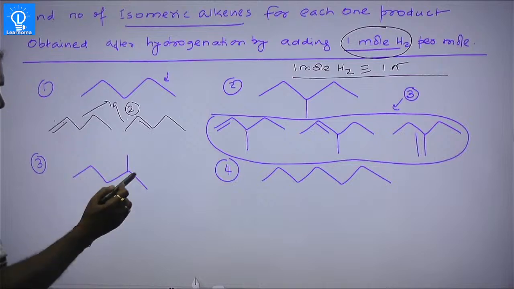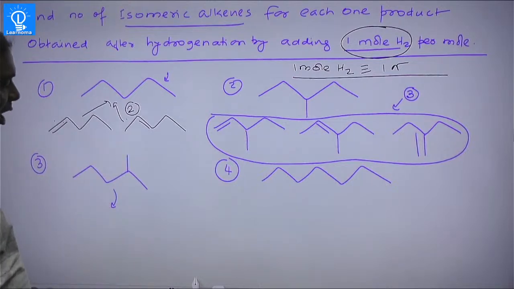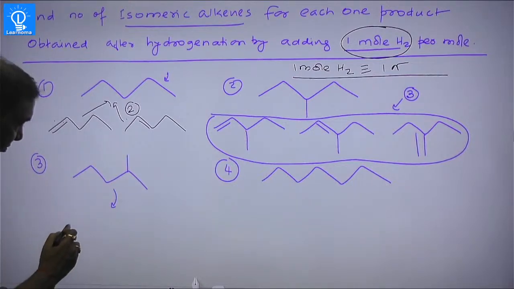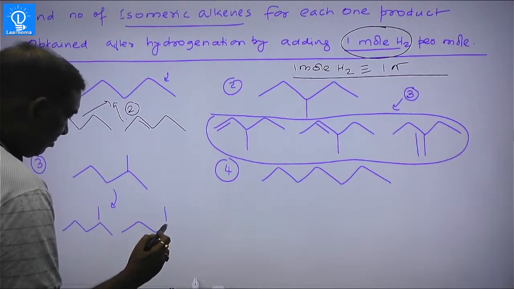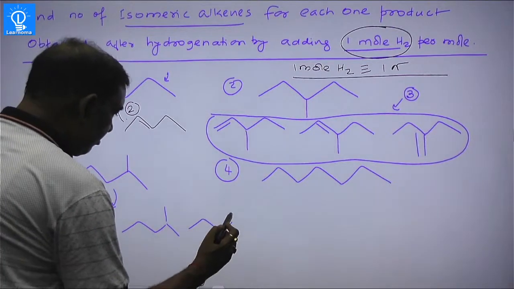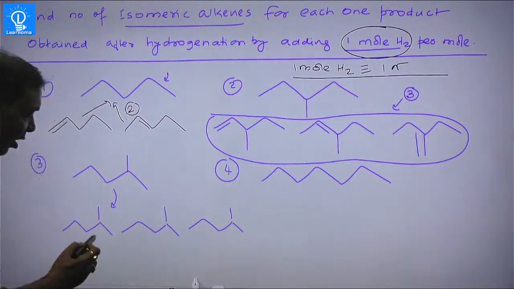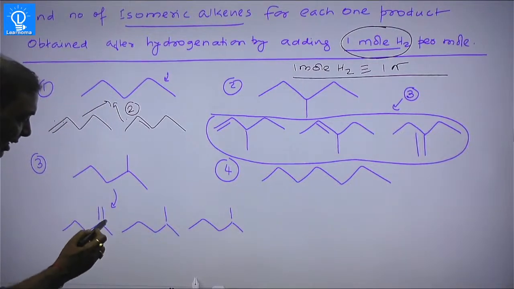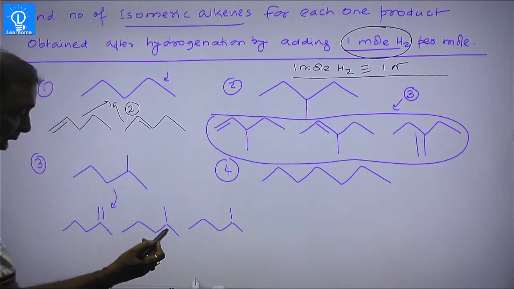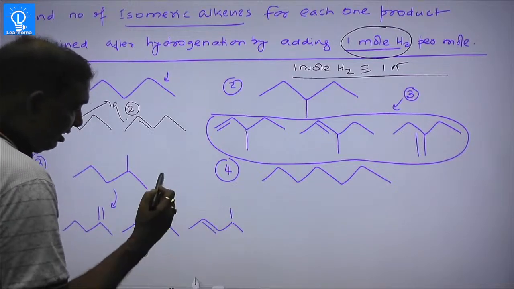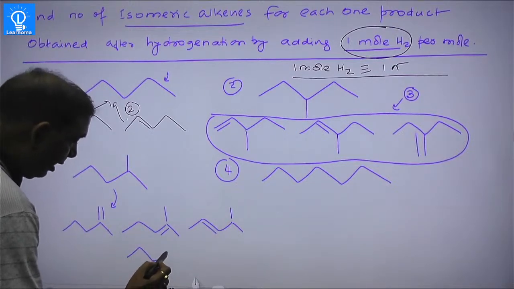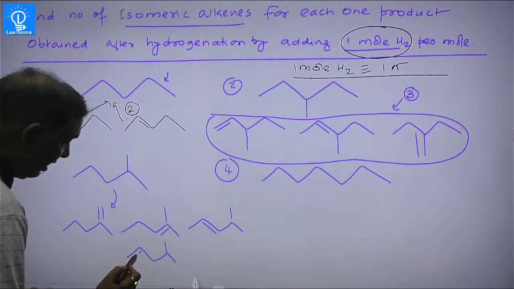See, how many pi bonds are here? How many alkenes can give this? Either the pi bond can be here, and both are identical, or the pi bond can be here, or here, or here.